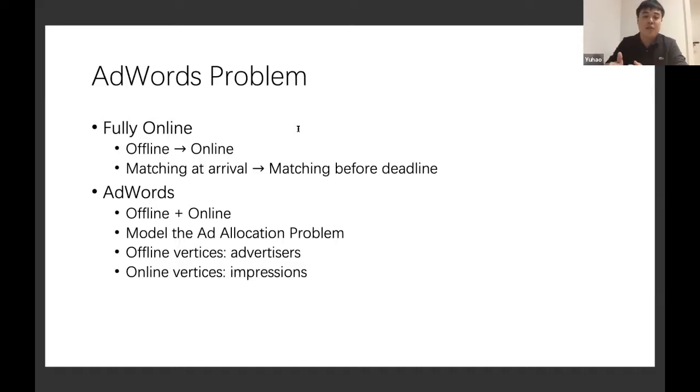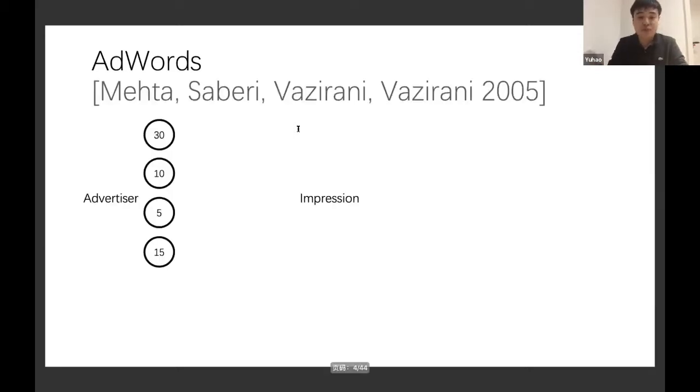That means we are a website, and the offline vertices are the different kinds of ads we have from different advertisers. The online vertices model the users' browsing requests, which we call impressions.